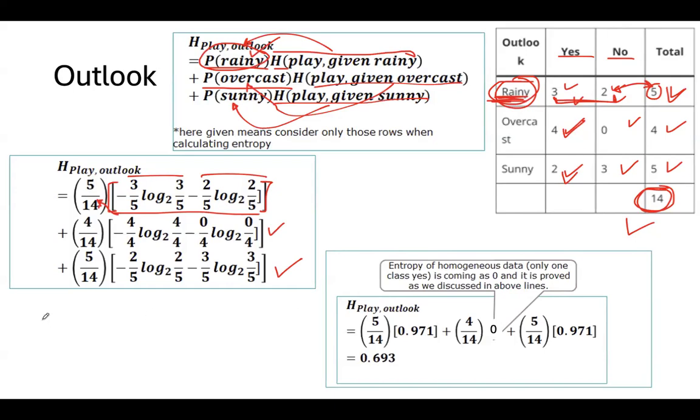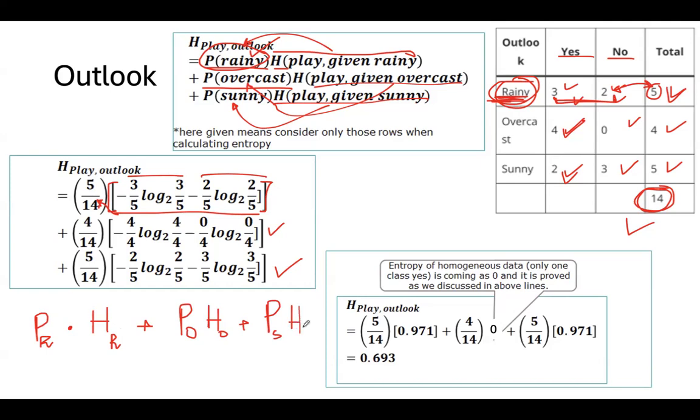Just to rewrite here, you multiply the probability of rain, which I'll write as PR, times the entropy of rain, and then add to that the probability of overcast times the entropy of overcast, plus the probability of sunny times the entropy of sunny.